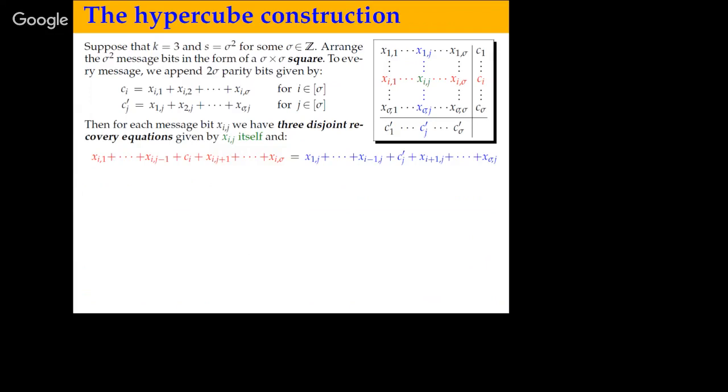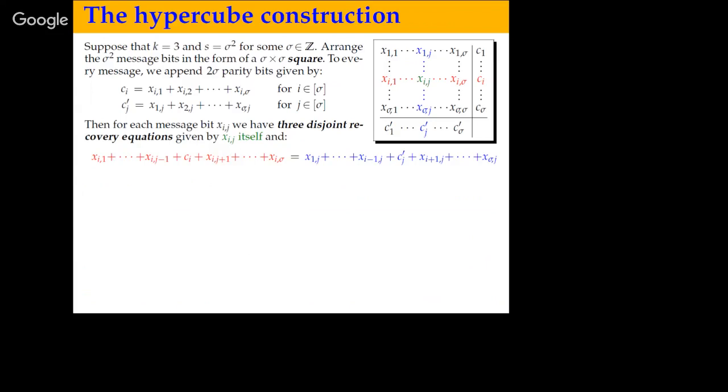So if I take x_ij out, add all the rest, they're equal to x_ij. Okay? Now I can do the same thing using the parity in the row. And these three, the green one, the blue one, and the red one, they are disjoint. Take x_ij out, it's recovery. Okay, is this clear? So that's one solution for k equal 3.